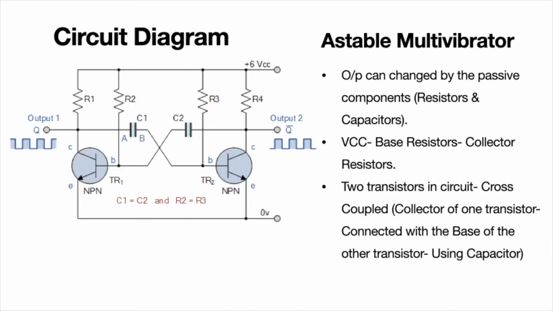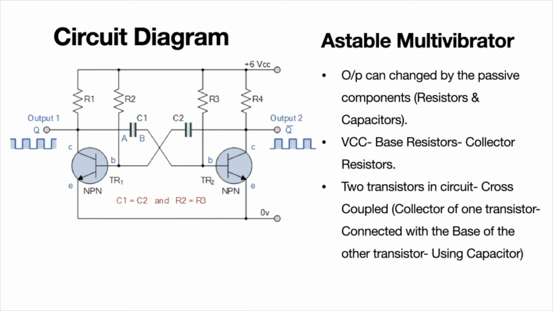Moving ahead, this is the circuit diagram. We have applied plus VCC to the transistors through base resistors, collector resistors and capacitors. The output of this circuit can be changed with the help of the passive components such as resistors and capacitors. As I told you, this circuit includes base resistors and collector resistors.